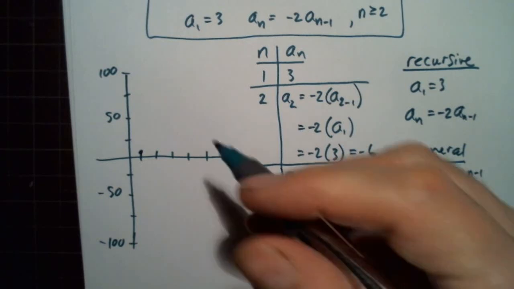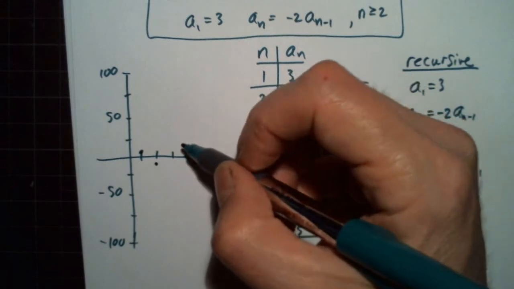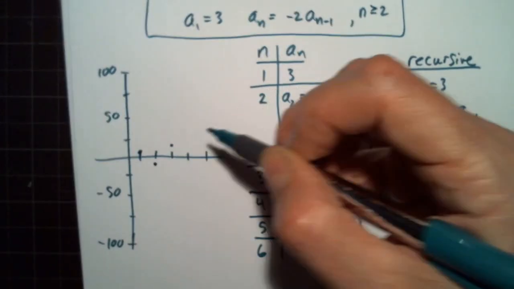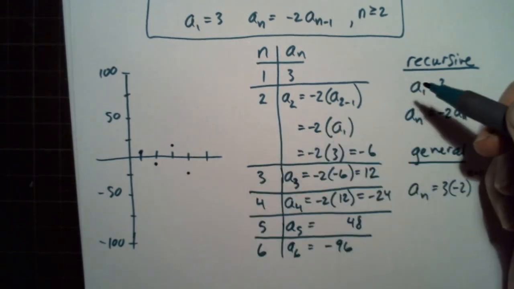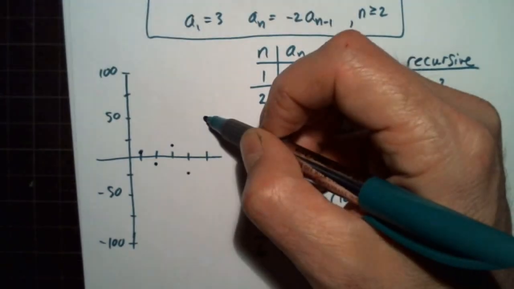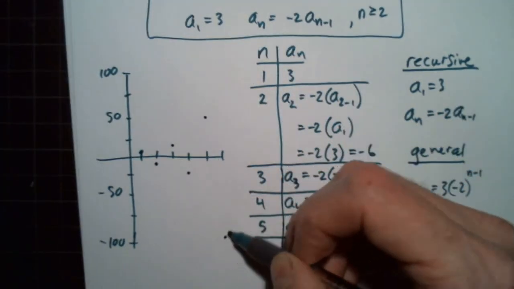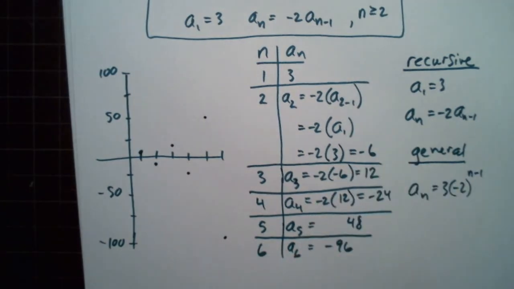At 2, we go to negative 6. At 3, we go to 12. At 4, go to negative 24. And 5 goes to 48. And 6 goes to negative 96. And we can see the progression. Don't connect the points.